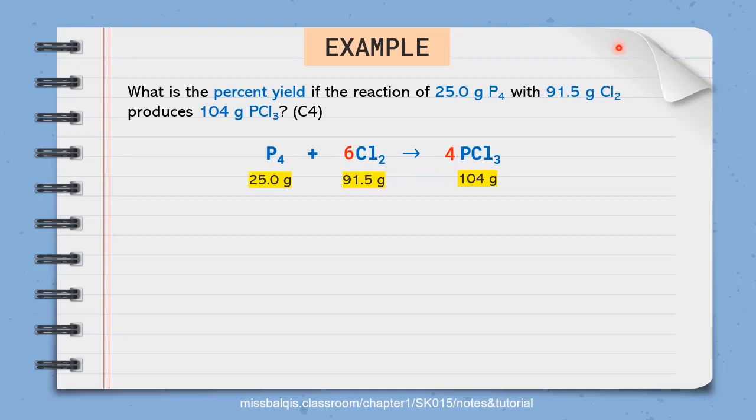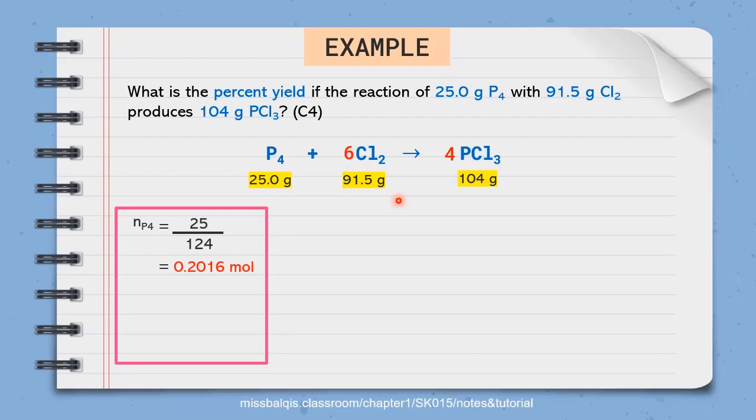To do this, we need to do the stoichiometric relationship, which can only be done with the number of moles. So at the moment you are given mass, then you need to change it to mole first. So as for the mole of each reactant, we'll start with P4. P with 31 gram per mole as the molar mass, so times 4 you'll get 124 gram per mole, divide 25 by it, you're going to get 0.2016 mole.